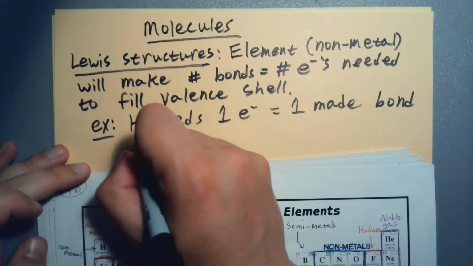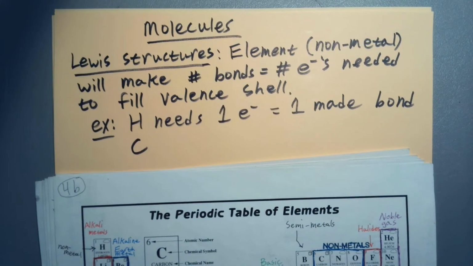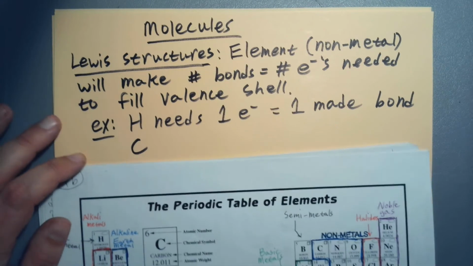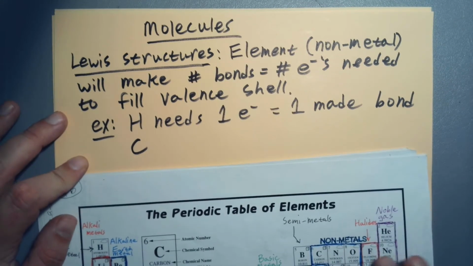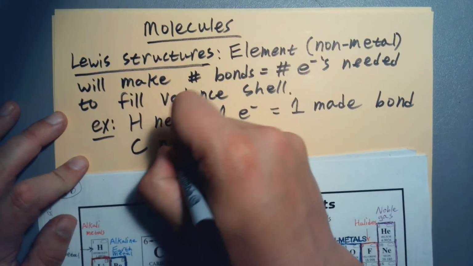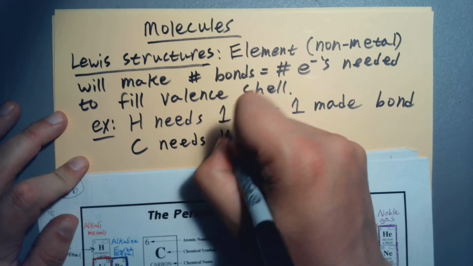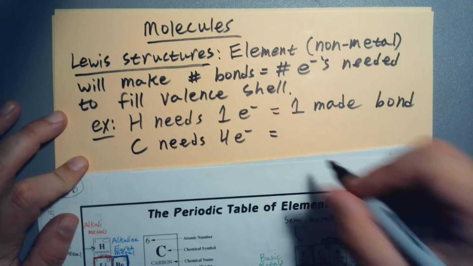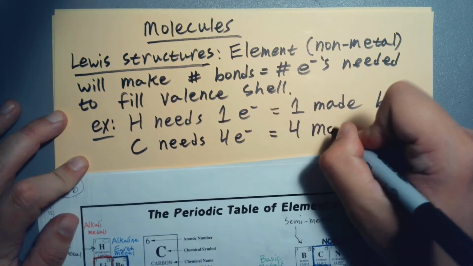But if we look at something like carbon, carbon's very versatile. It has 1, 2, 3, 4. It's a non-metal, but it needs 1, 2, 3, 4. So it needs 4 electrons. Well, guess what it does? It makes 4 bonds.